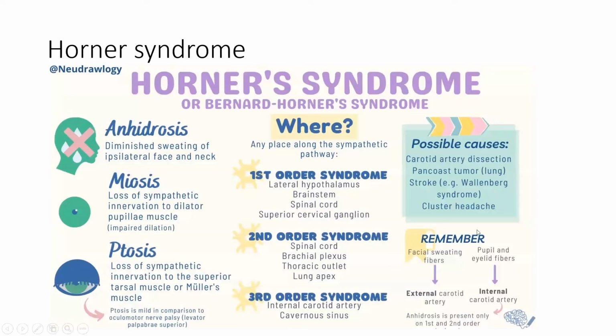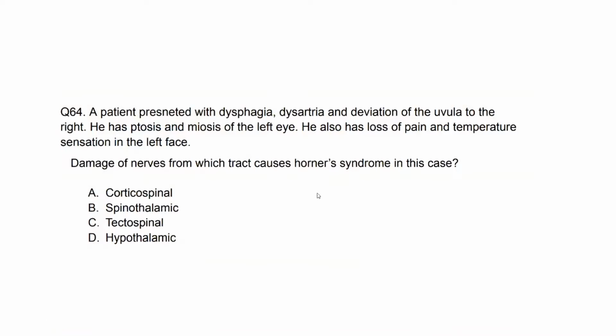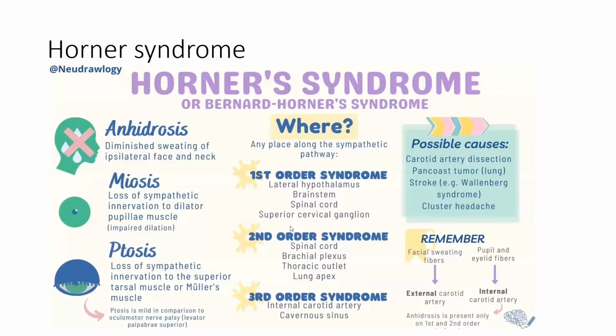This is just a quick overview of Horner syndrome. If you look here, we have our first order syndromes, where it's going to be from the lateral hypothalamus, the brainstem, the spinal cord, and the superior cervical ganglion. Okay, and that's why, if you look at the lateral hypothalamus, it hints that the tract related to it is going to be the hypothalamic tract.